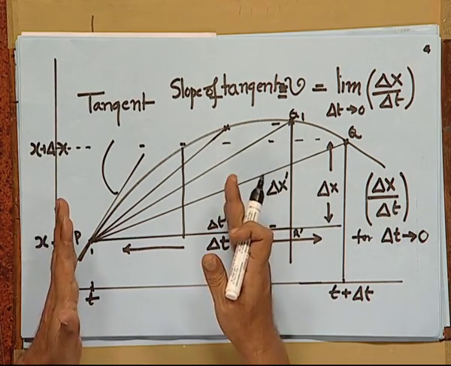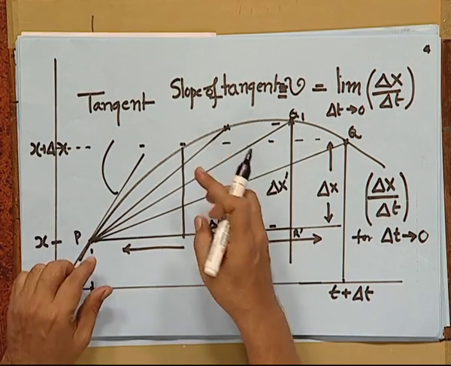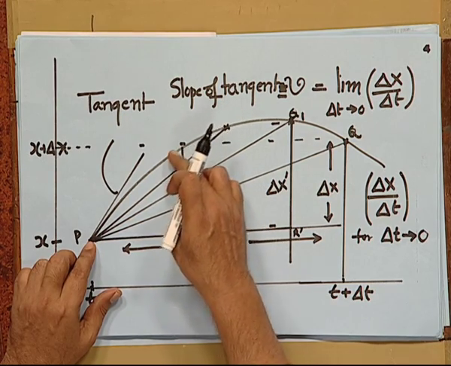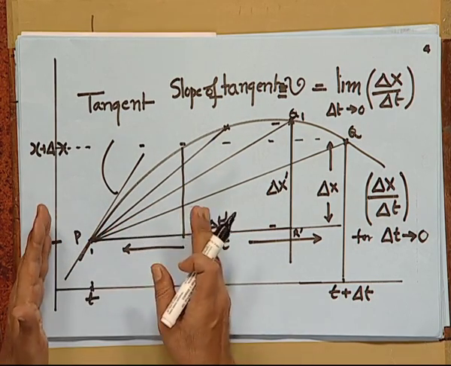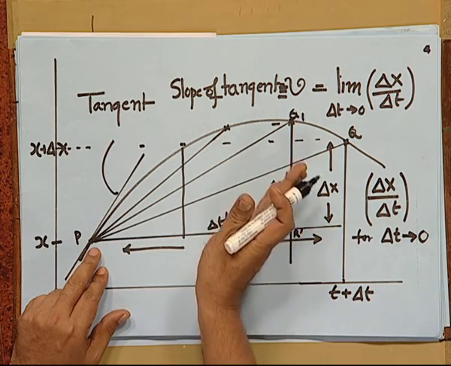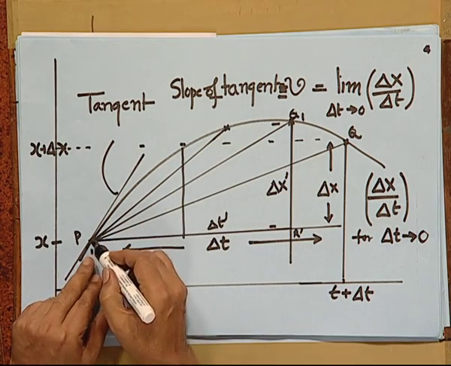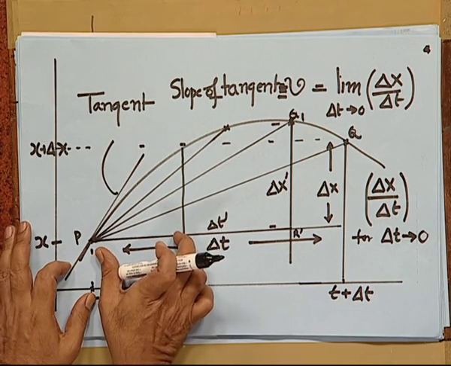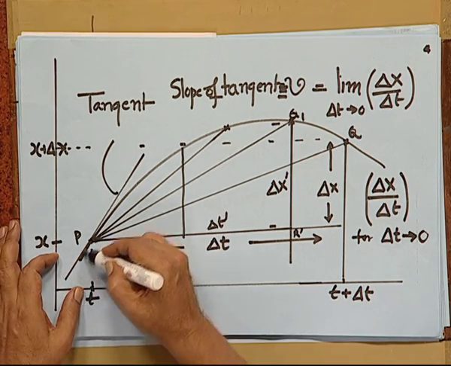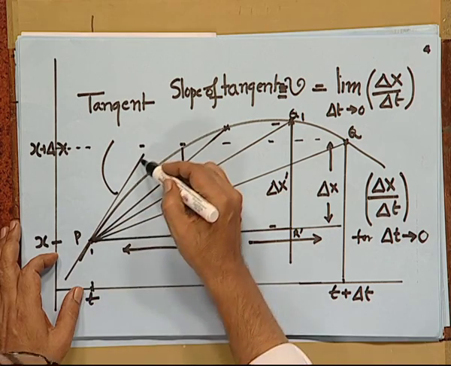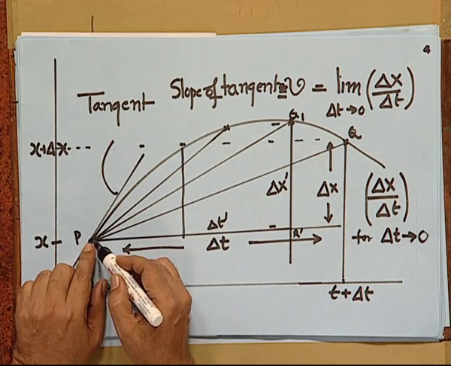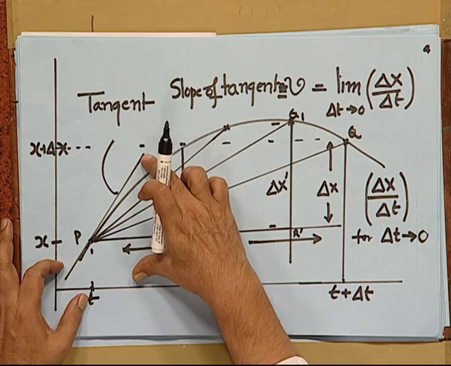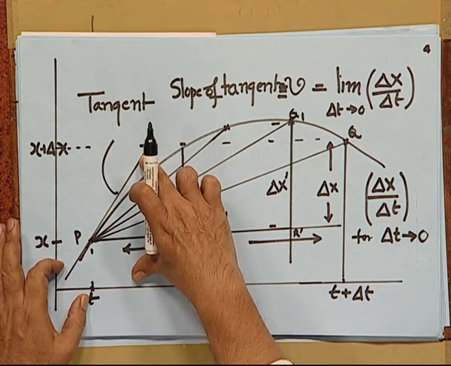You reduce this time gap smaller and smaller and make it almost 0. In that case the slope of this graph goes on changing, and at point P, when you make delta t tending to 0, you draw a line which is called the tangent line at the point P, and the slope of this line is called the instantaneous velocity.